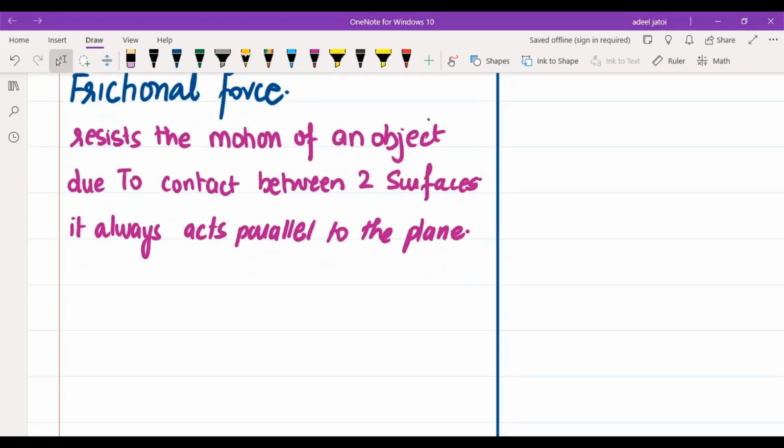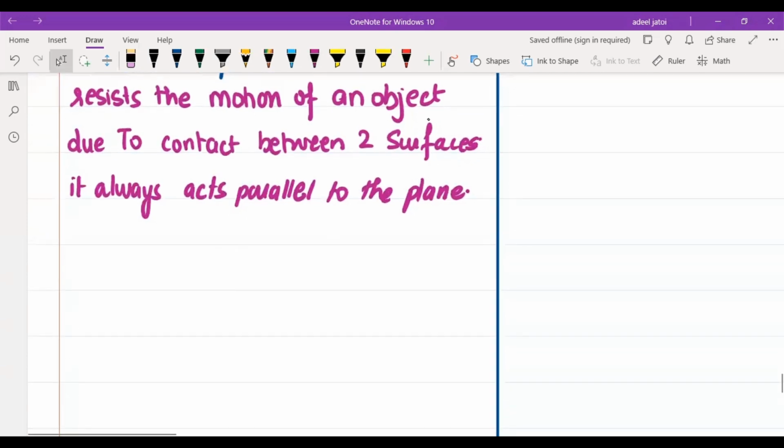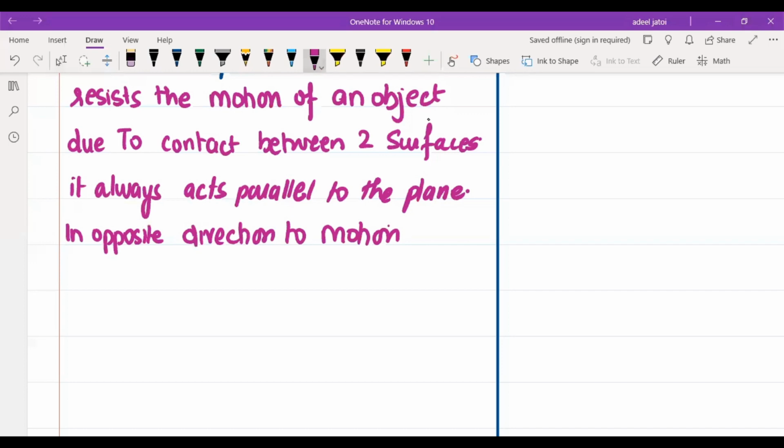If the plane is vertical, it will be vertical. If the plane is inclined, it will be inclined. So it always acts parallel to the plane, in the opposite direction to motion.